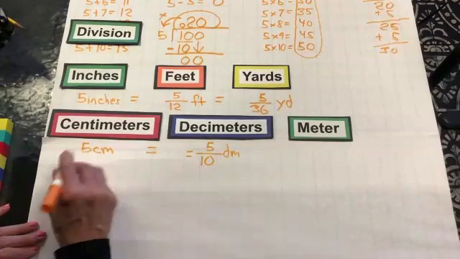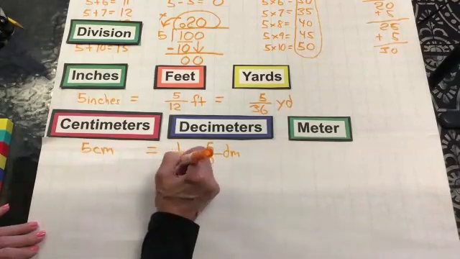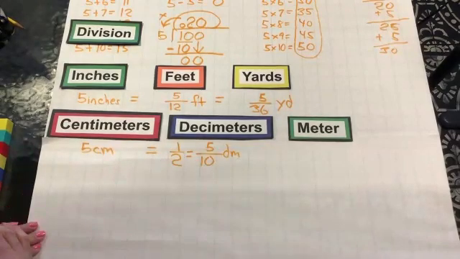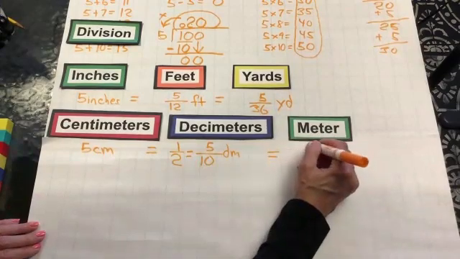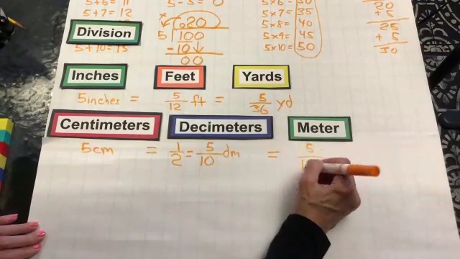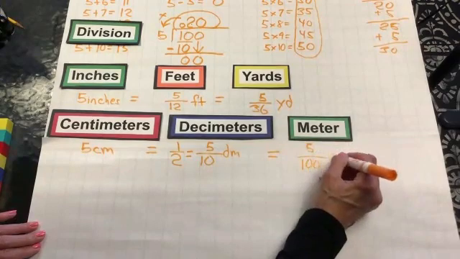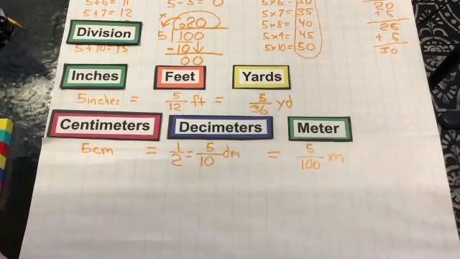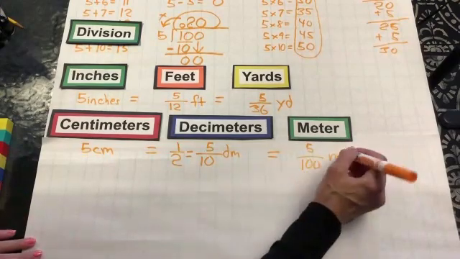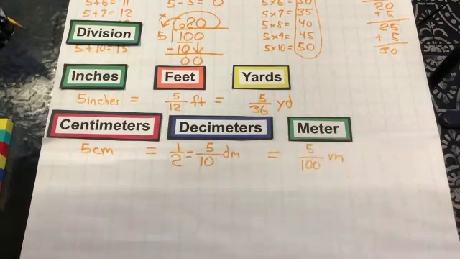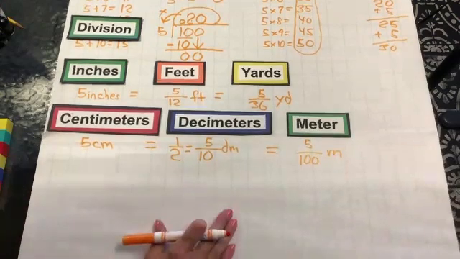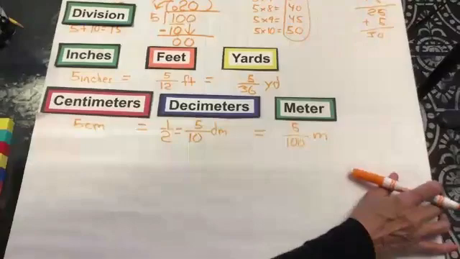So guess what? 5 centimeters is 1/2 of a decimeter. And that would be 5 out of 100 meters. So 5/100ths of a meter. And 5 goes into 100. Well, we won't talk about that. We'll do that next year. I can get crazy with my math, so I'll back off there.